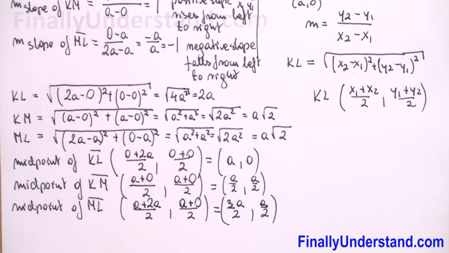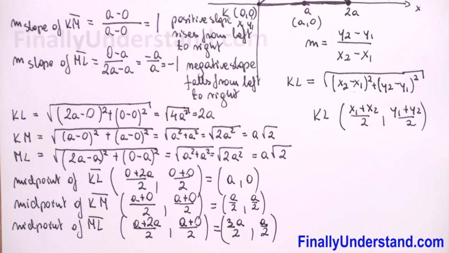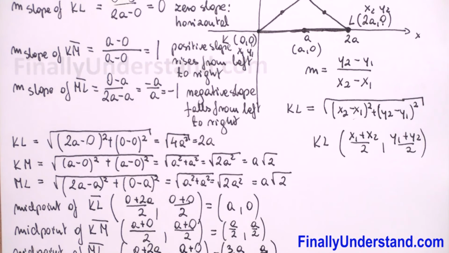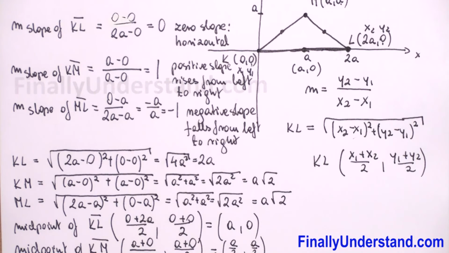Next question, we have to check if this triangle KLM is isosceles triangle. We know that isosceles triangle has at least two congruent sides, and we got that side KM and ML are equal.